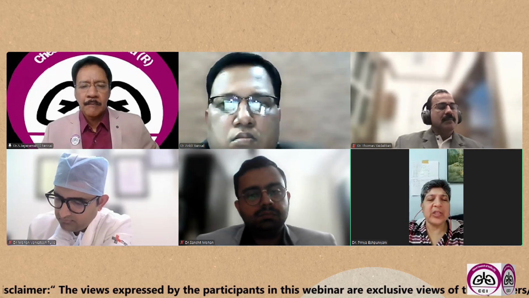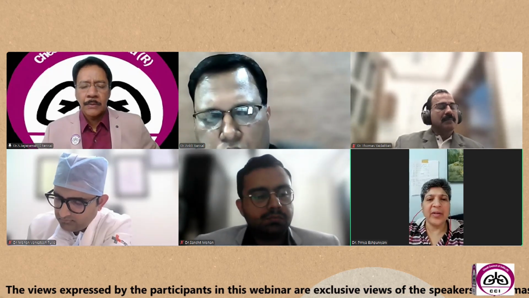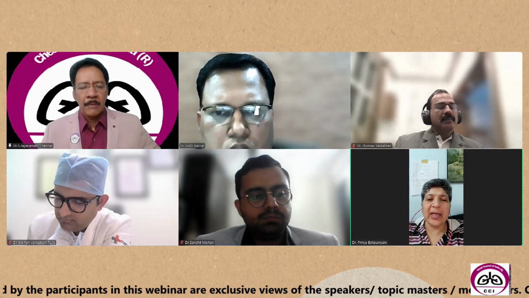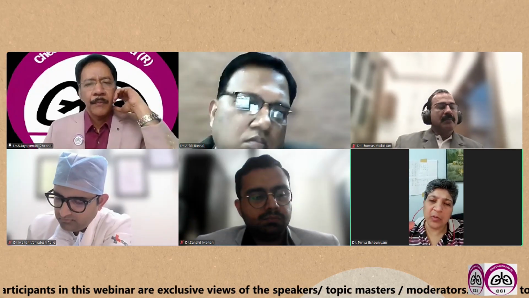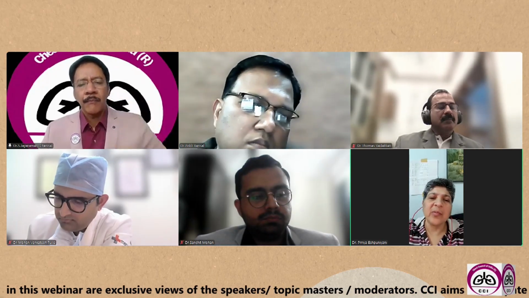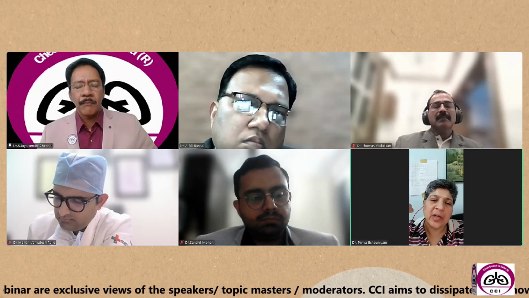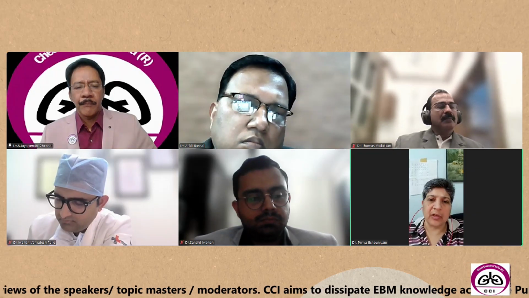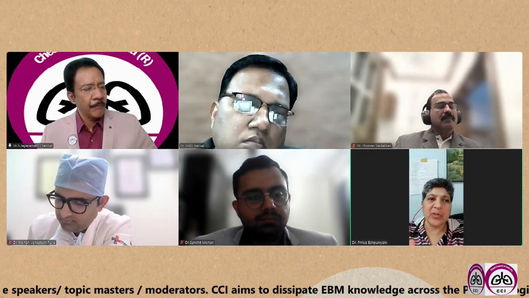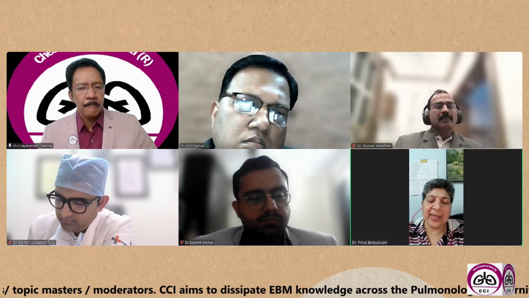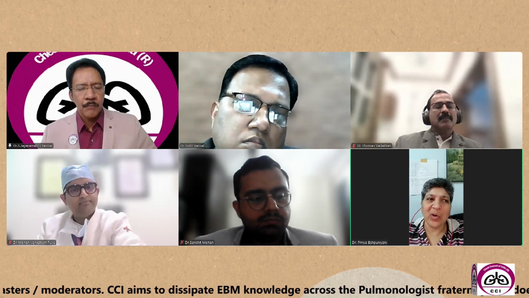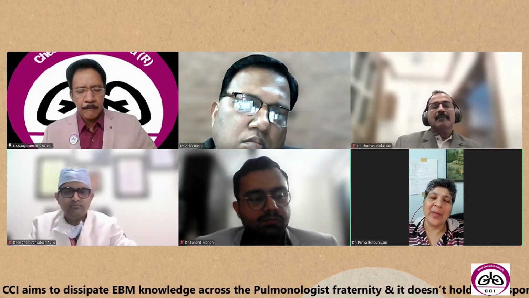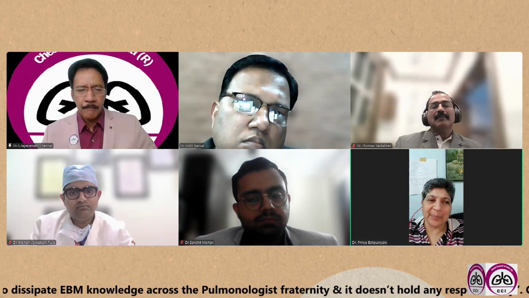On table, I will target the subcarinal lymph node. If the frozen section says it is not N2, then directly in the same setting, I can convert into proper VATS, do a lobectomy with systematic lymph node dissection, and the patient undergoes the surgery in the same setting, saving a lot of cost for the patient. So in certain scenarios, I can save money. At the same time, if I come to know the patient has an N2 or an N3, I put a chemo port for the patient in the same sitting, and the patient can start chemotherapy in the same sitting.